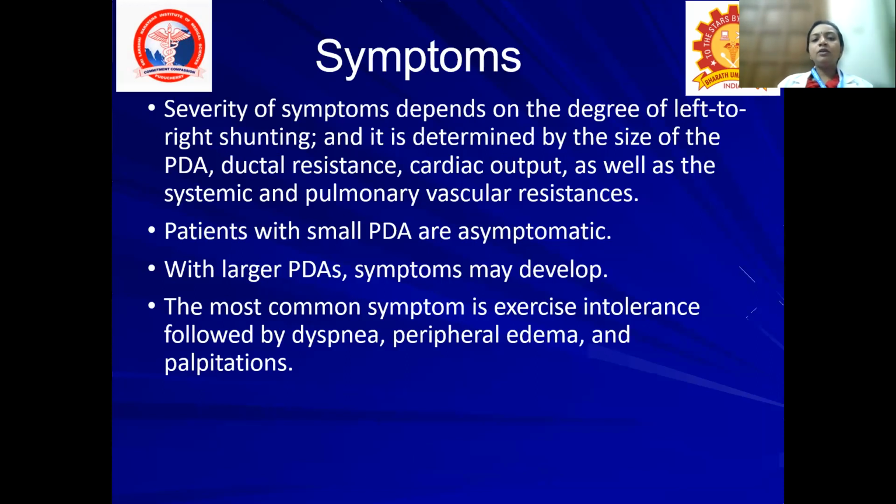Severity of symptoms depends on the degree of the left to right shunt, and it is determined by the size of the PDA, ductal resistance, cardiac output, as well as the systemic and pulmonary vascular resistances. Patients with small PDA are asymptomatic, whereas with large PDAs, symptoms may develop. The most common symptom is exercise intolerance, followed by dyspnea, peripheral edema, and palpitations.